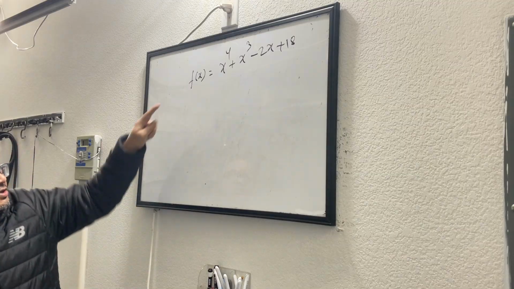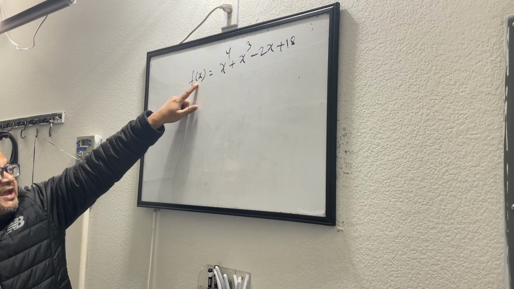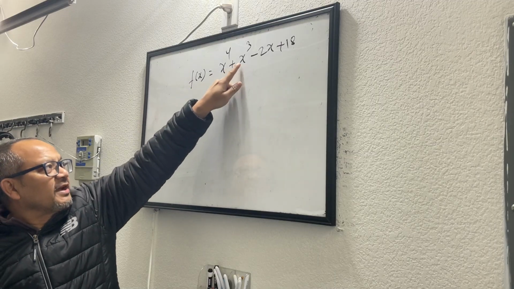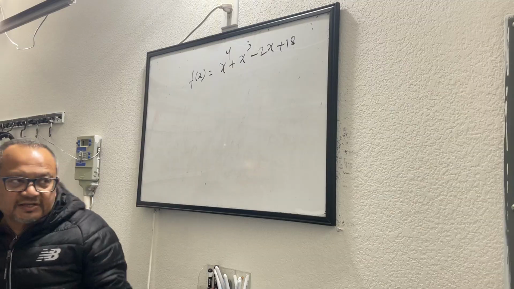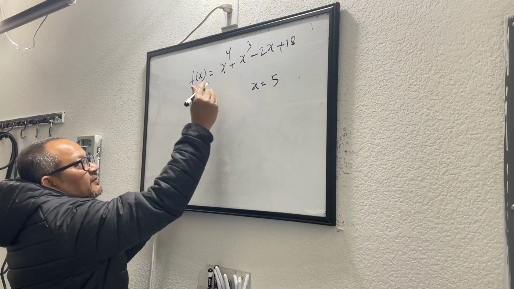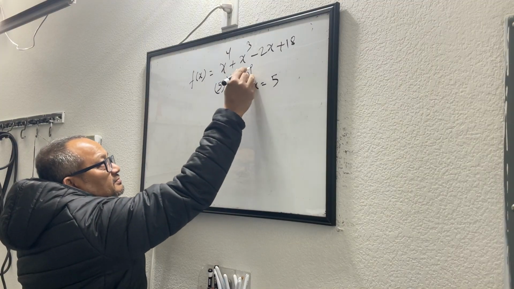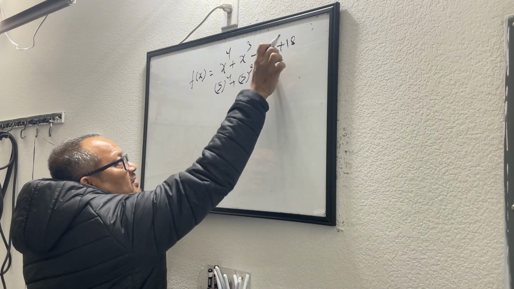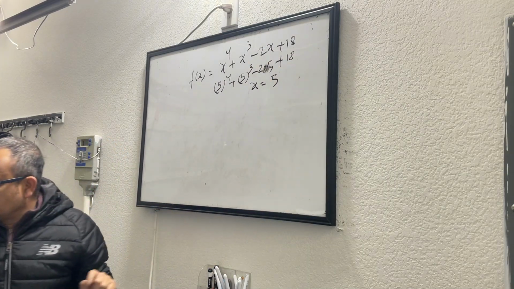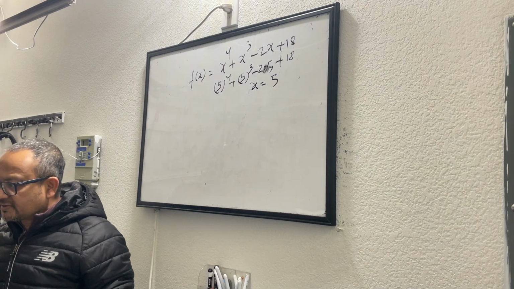Meaning if you want to evaluate it for any value 1, 2, 3, 4, 5, 6, in every place where you have x, you will replace it with that value. Let's say if you are evaluating this for x equal to 5, you will replace every x with 5 and you will evaluate this, correct? So far everybody okay? This is how you evaluate a function, find the value of x.